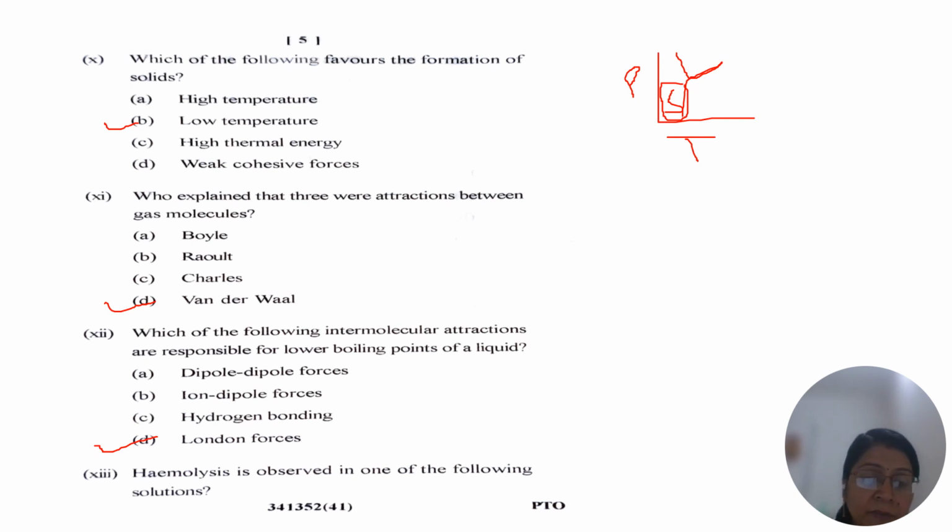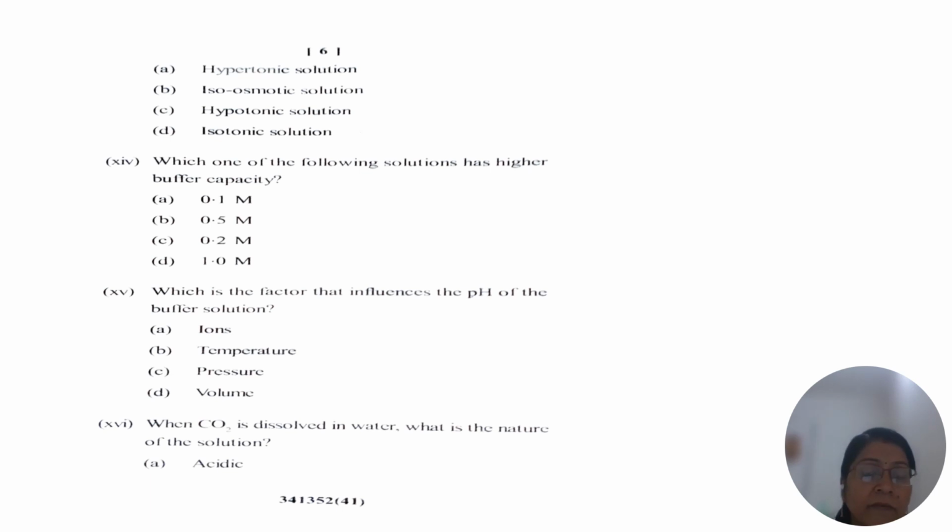Hemolysis is observed in one of the following solutions. This question is related with tonicity, methods of adjusting tonicity, pH and isotonic solutions, buffered isotonic solutions. Hemolysis is observed when the RBCs are kept in hypotonic solution.